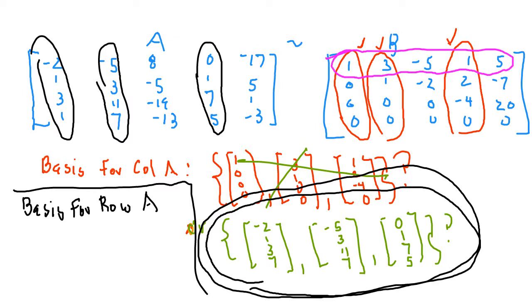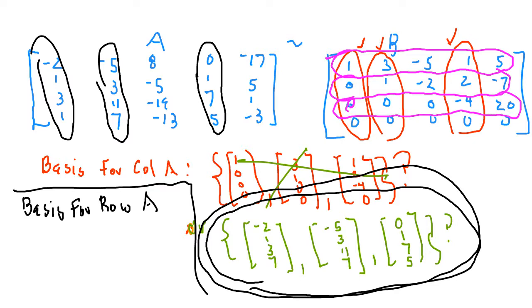Here's a pivot column. Okay, this is a 0 here, right? Here is another pivot column. And then here is a pivot column. You have 3 pivot columns.